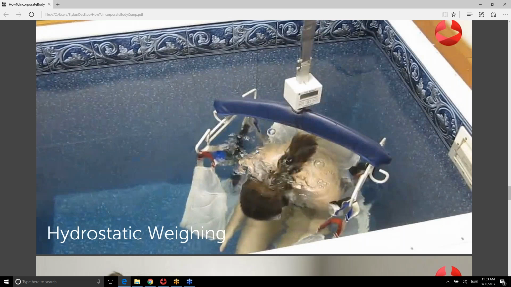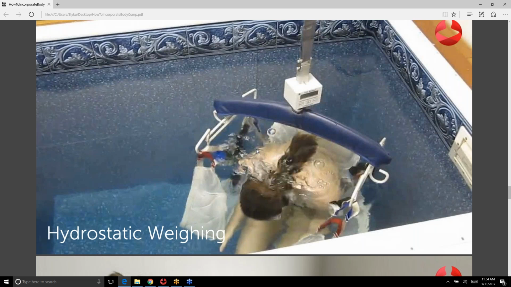There's the dunk tank, and just looking at this picture, you can tell probably not the best member experience. Sometimes there are trucks that actually, as a service, will come and do a dunk tank service or body fat assessment service for members, because obviously not everybody has all the space required to do hydrostatic weighing in their facility.